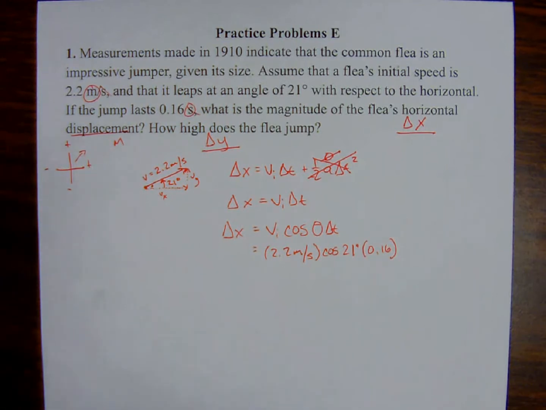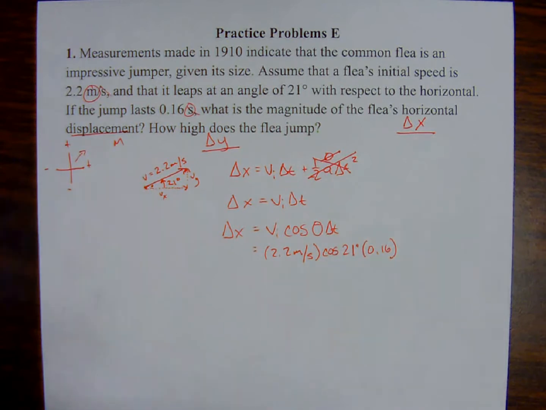21 degrees, and then I'm going to multiply by 0.16. Okay, sorry about that. The question has given me two significant figures everywhere, so naturally I'm going to report my answer with two significant figures.